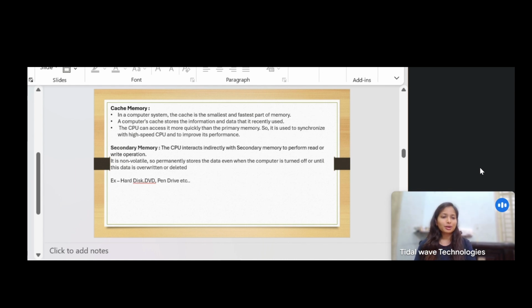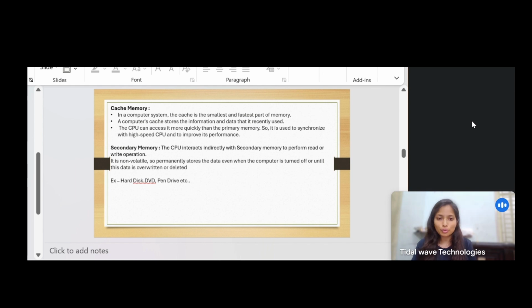Okay, let's go with the next memory, that is secondary memory. As primary memory stores the data temporarily, of course secondary memory stores the data permanently. Keep this in mind. Secondary memory stores the data permanently. Primary memory stores the data temporarily. And secondary memory interacts with CPU indirectly. Primary memory interacts with CPU directly.